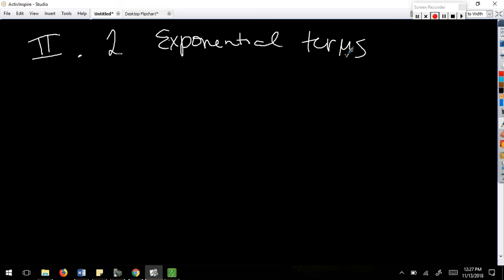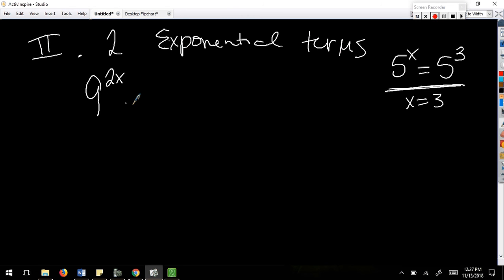Just as a reminder, if I have 5 to the x equals 5 to the third, then x equals 3, because if the bases are the same, then I set the exponents equal, right? So that's what we're going for here. For example, 9 to the 2x equals 27 to the x minus 1.